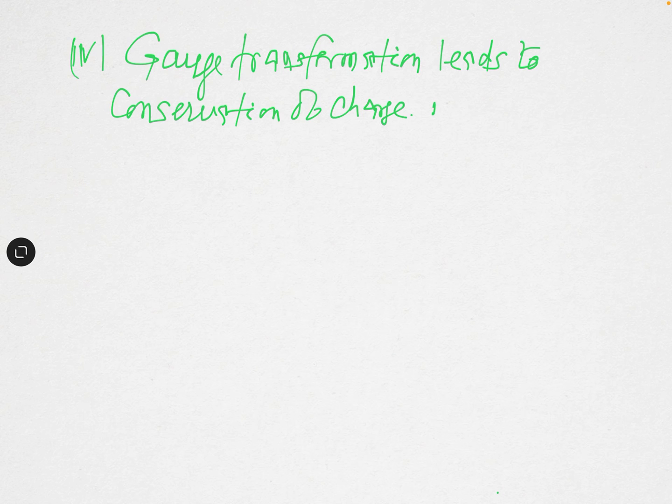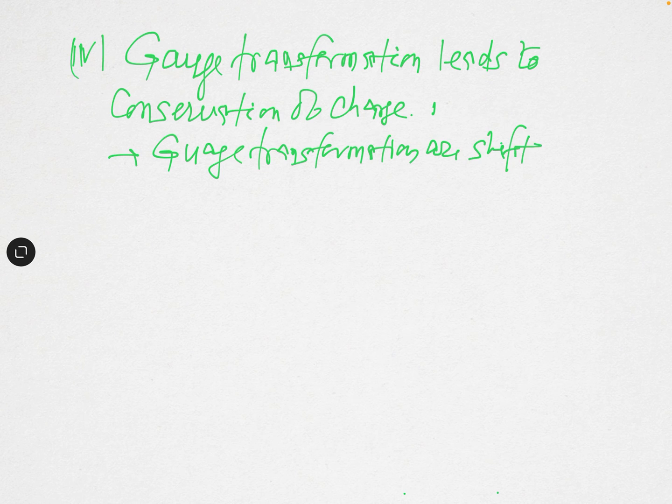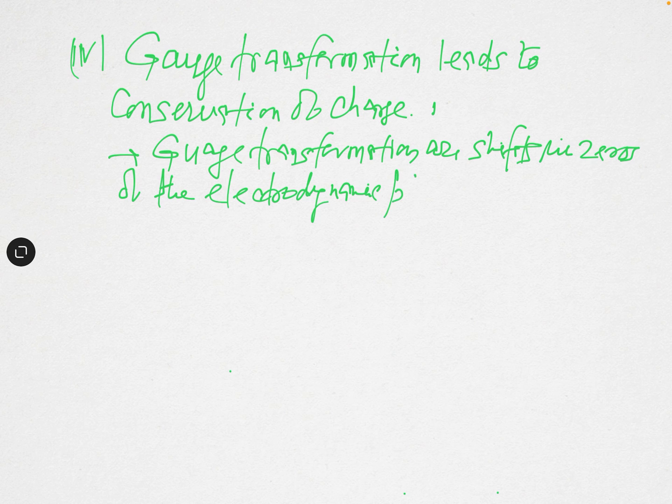So what is this gauge transformation actually? Gauge transformations are shifts in the zeros of the electromagnetic potentials phi and A. Phi is a scalar electrodynamic potential and A is the vector electromagnetic potential.